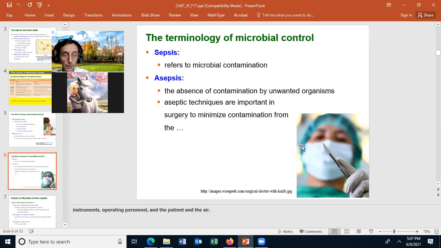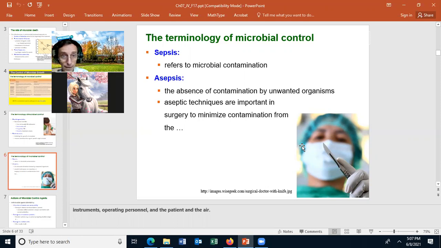So when we give you media, hopefully it has been with asepsis. And that obviously would be if you were really going into the lab. In the virtual lab, I pretend I'm giving you media. Aseptic techniques are important in surgery to minimize contamination from the instruments, the operating personnel, the patient, and the air.